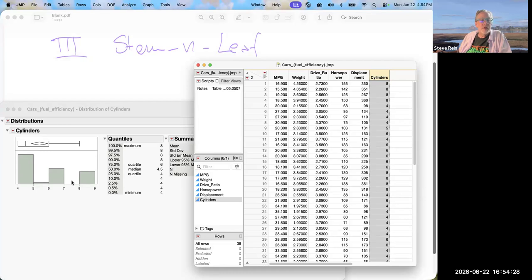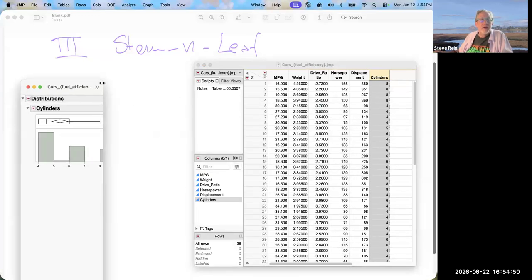No, there are no 7-cylinder cars. If there's an 8-cylinder car, it would be in the range 8 to 9 is where we show that. So if you're right on the boundary, and that matters for variables which take integer values, if you cut right at the integer, then you're going to show it that way. So we've got our figure here.